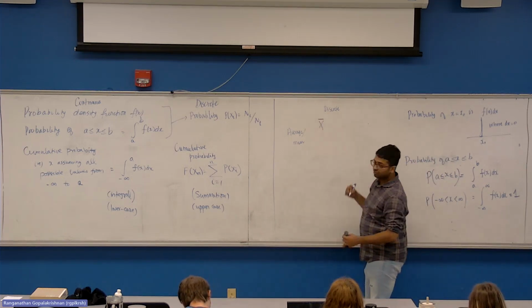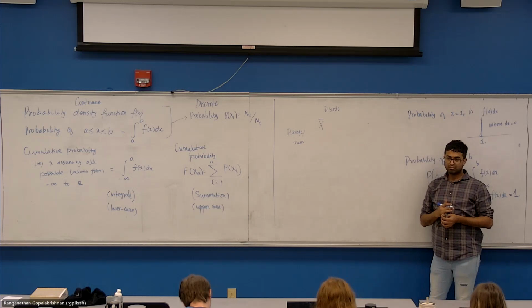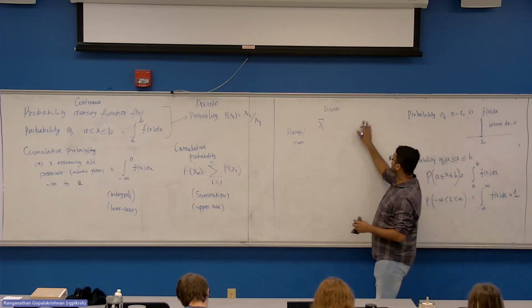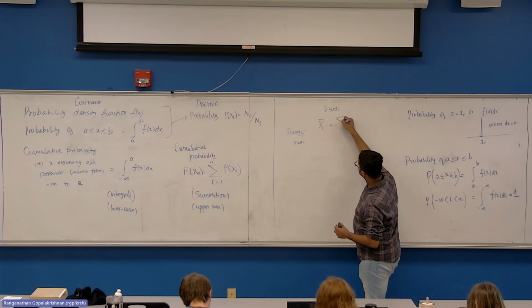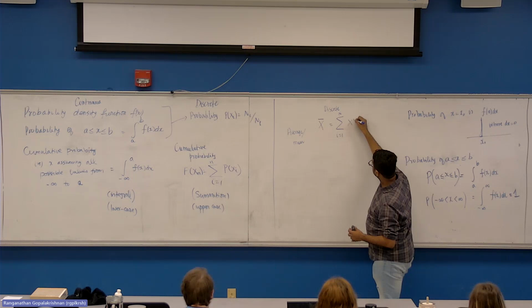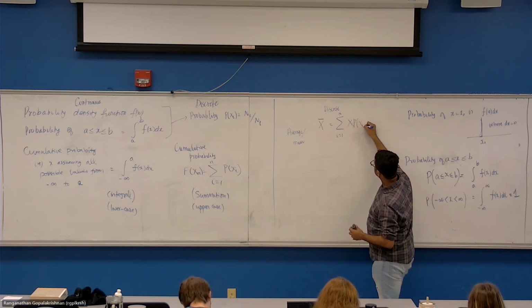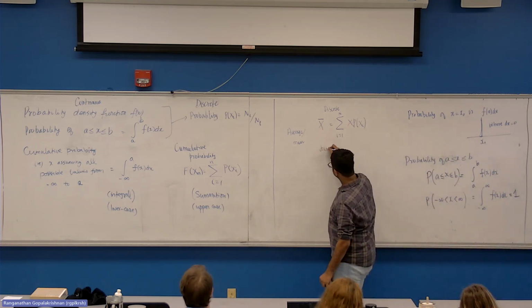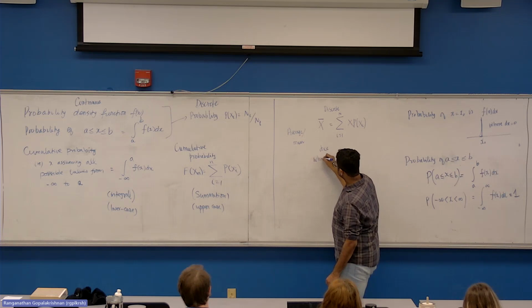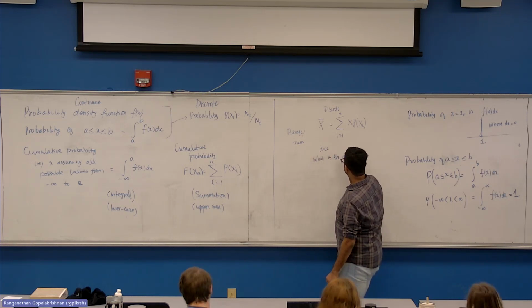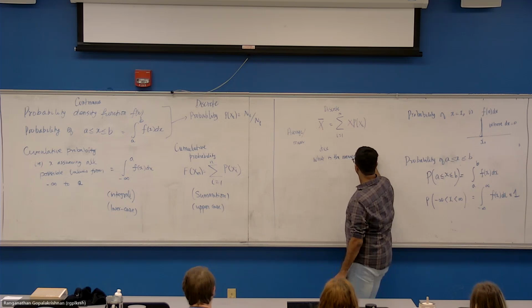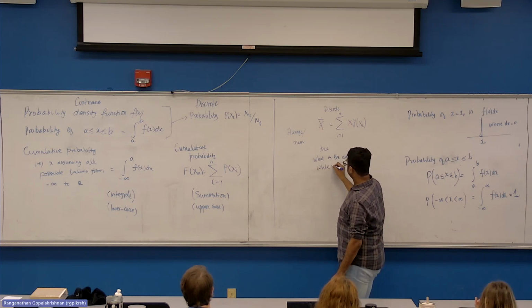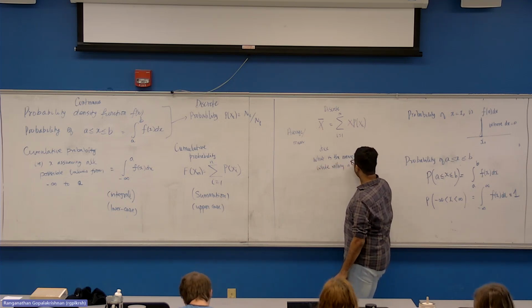How will you get the average of x? We talked about this when we did histogram. It's like asking summation i equals 1 to n xi times p of xi. So it's like asking, I have a dice. I'll give the example. A dice. What is the average value while rolling a fair dice?